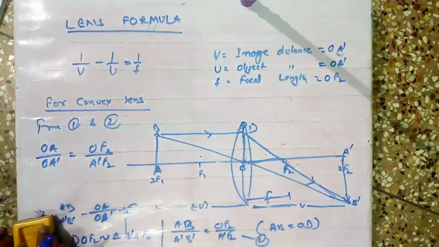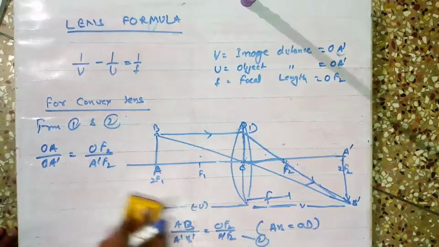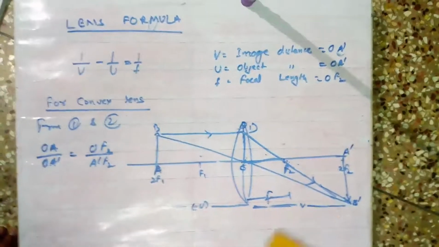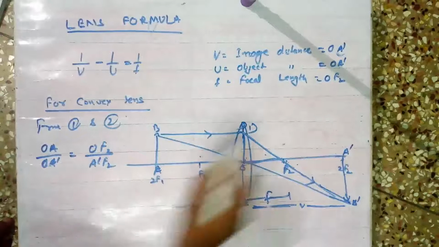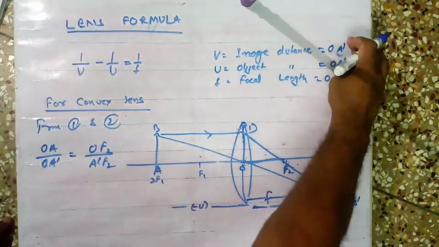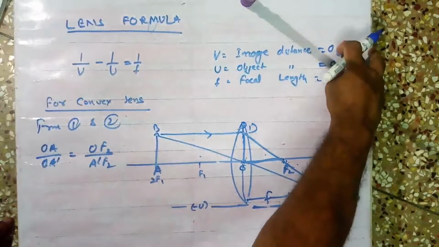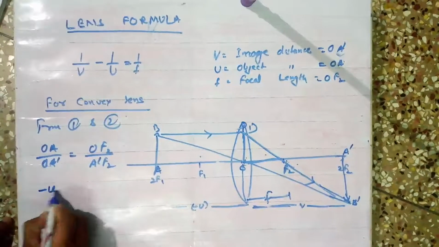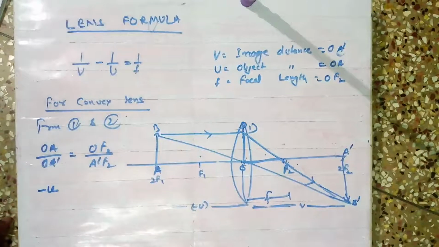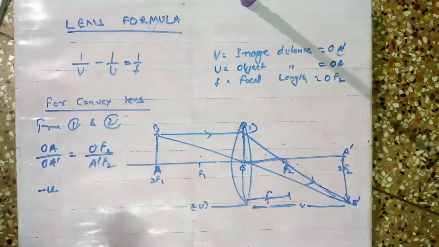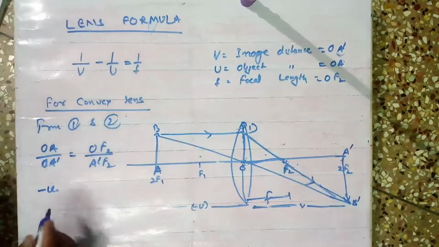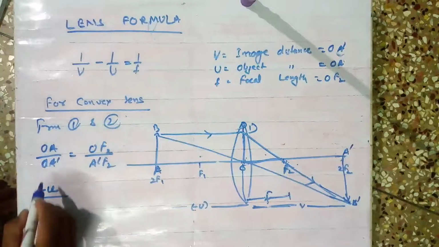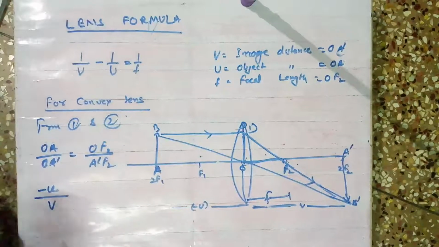Clear? Now see, OA is what? OA is object distance, minus U. Yes or no? OA is minus U, and OA prime is V.